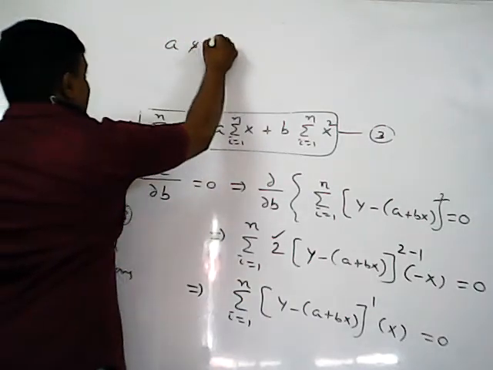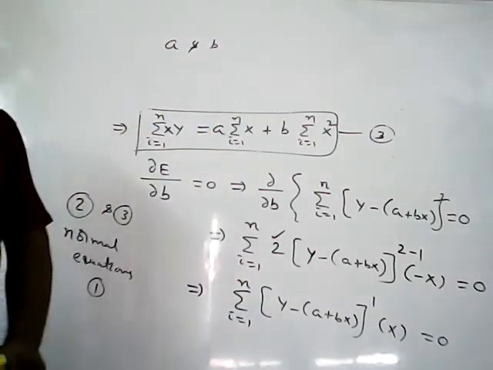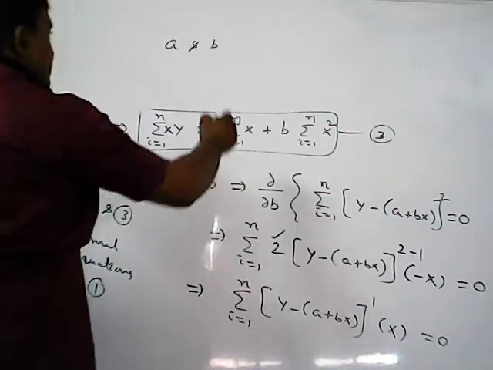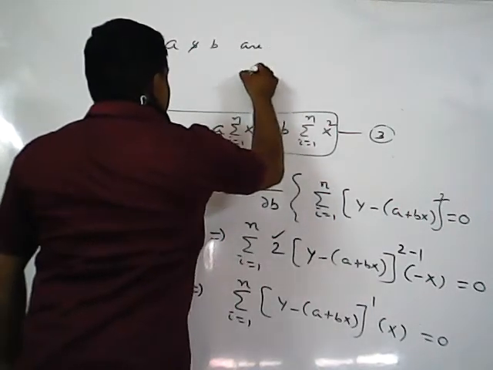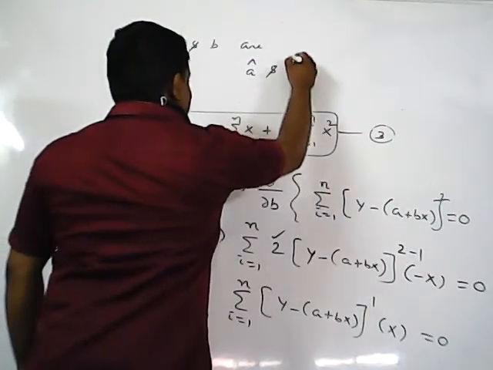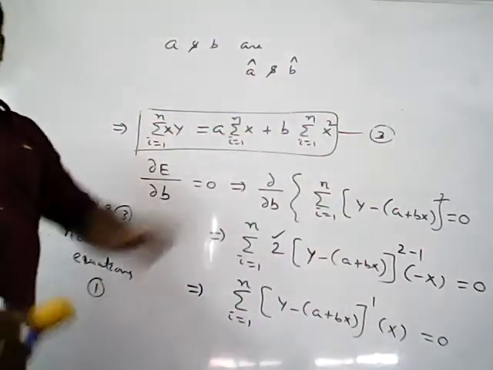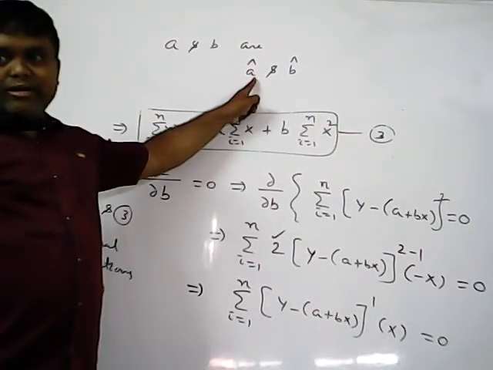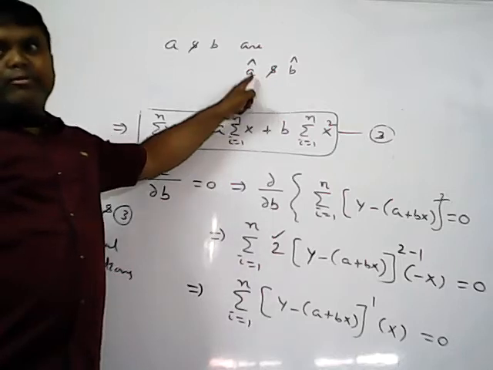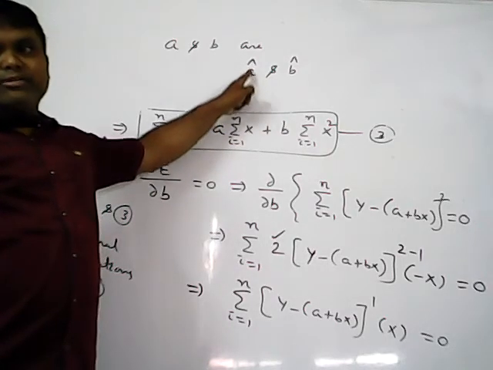The estimated values of small a and small b are a crown and b crown respectively. Whatever value you got, maybe 5, maybe 8, that is denoted as the estimated value. A crown means estimated value.